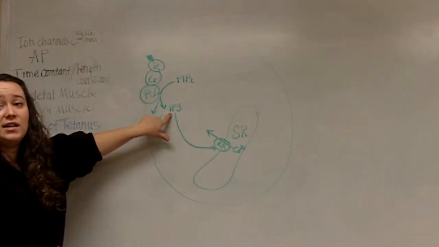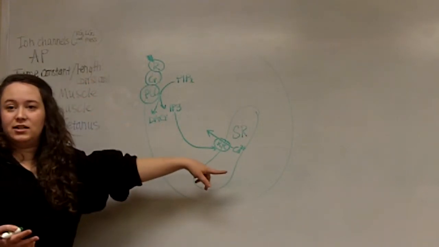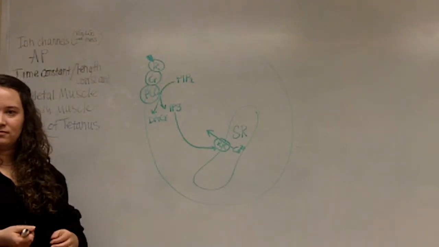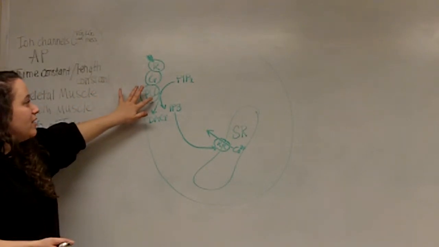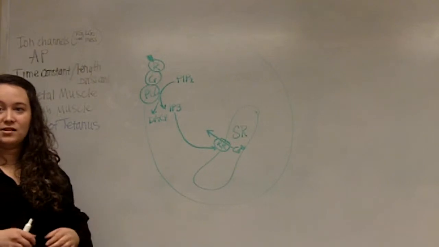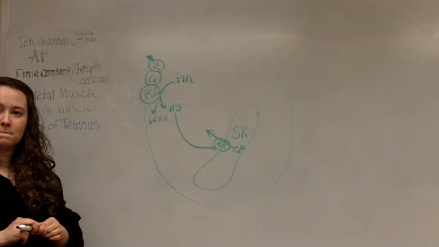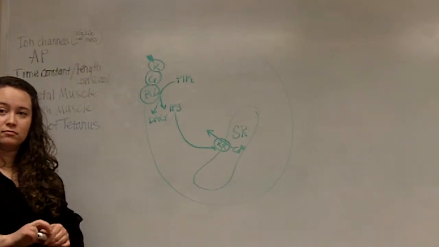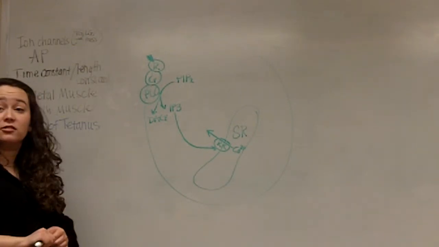When this thing is made, it's not normally in the cell, but when it is there, it goes to the ryanodine receptor, and it says, open up, let calcium out. Cool. And then when this is not bound, then PLC doesn't talk to the PIP2 anymore, and then it stops. So it all originates from that one neurotransmitter or hormone, whatever attaches to that receptor.